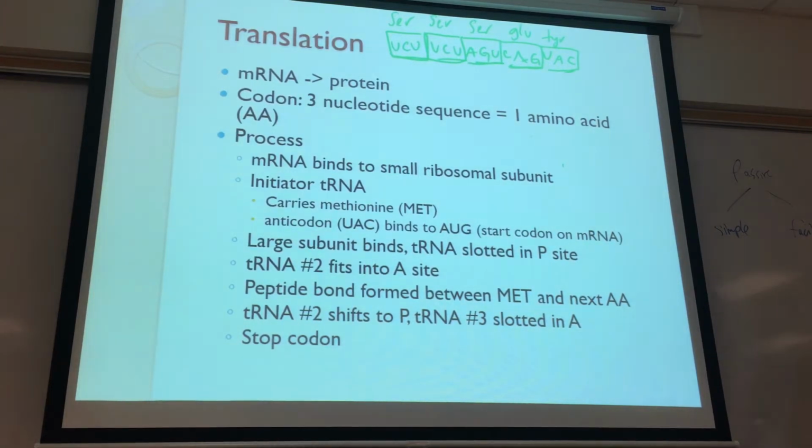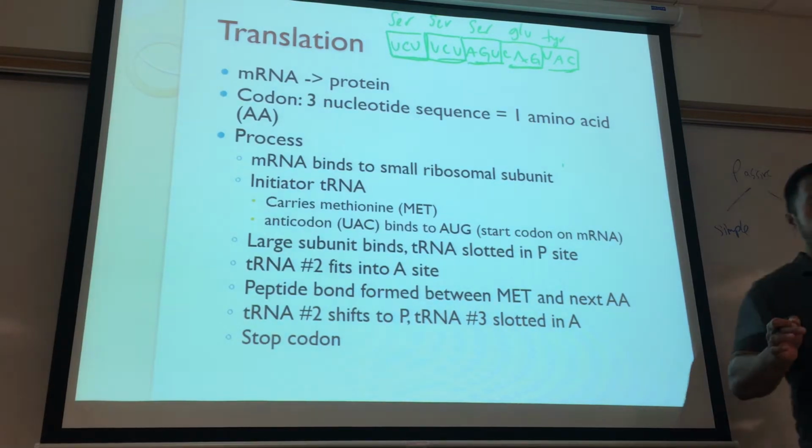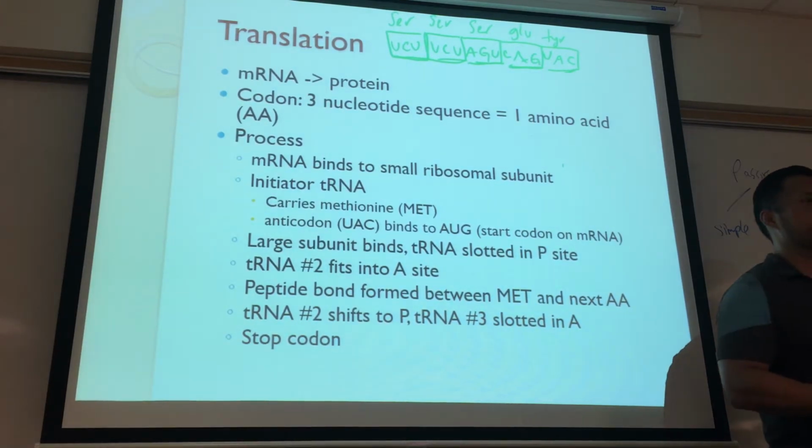How come for serine there's 2 and there's 4? So your question is, why does it seem like serine has a bunch of triplet codons? Yeah. So this is something that will be answered when you do your labs. I'll answer it for you now. But what you're going to notice is that there's some redundancy.